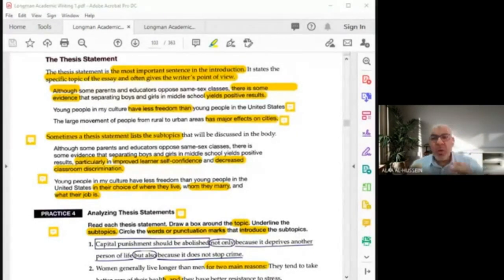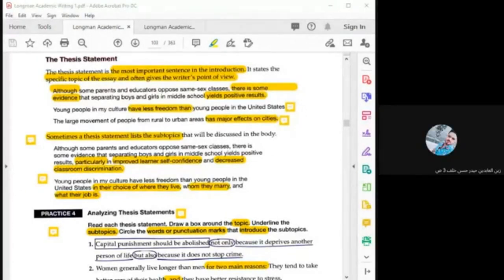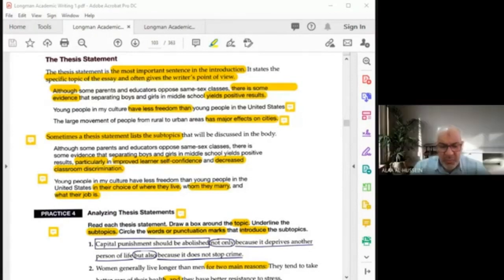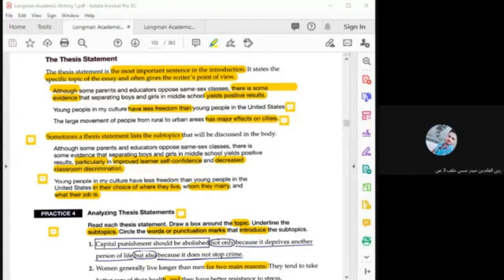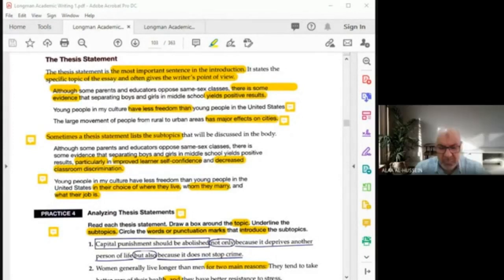Can you tell me what subtopics are? I think the subtopic is a sentence that gives a clarification for the reader, because it explains some ideas. Clarification, okay.